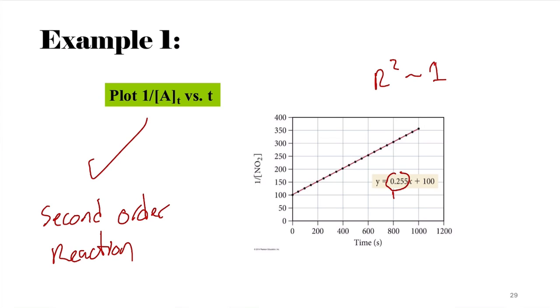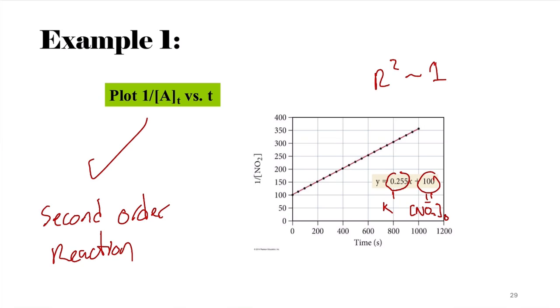So this is our value for k, and this is our 1 over the initial concentration, and we actually have nitrous oxide right there. That's our initial nitrous oxide concentration, like 0.01 is what the initial concentration will be. All right, so that's why we would actually plot the data for the line.